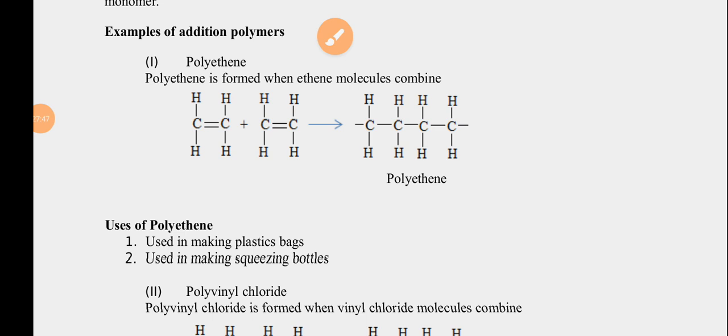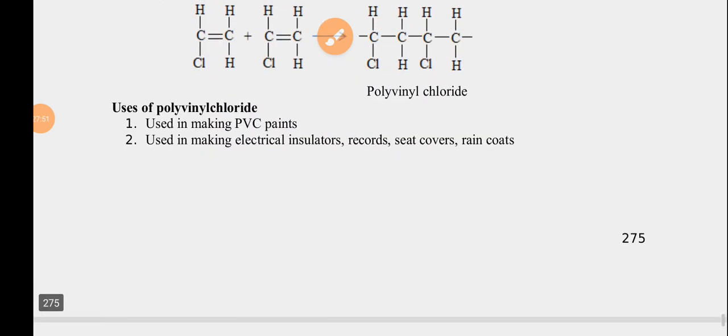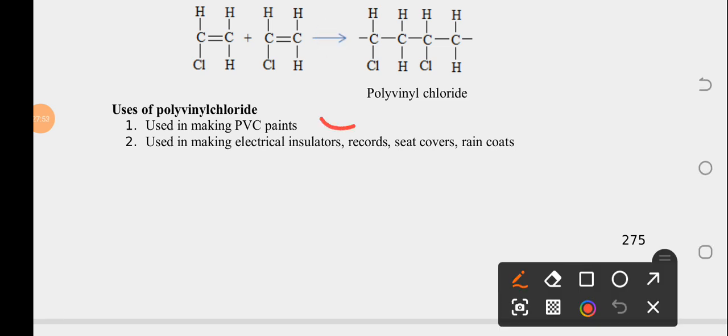What are the uses of polyvinyl chloride? Number one, it is used in making what? PVC paints, as I was saying. Then number two, it is used in making what? Electrical insulators. You can see that there are some red insulators and some black insulators in electric cables.